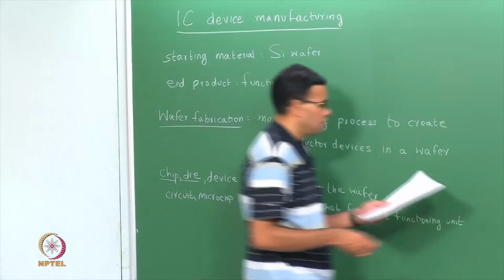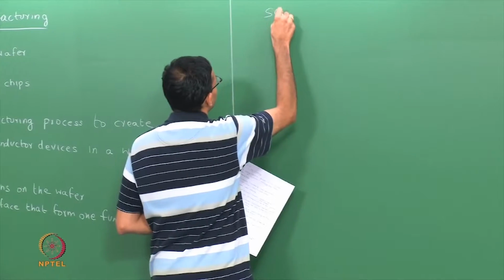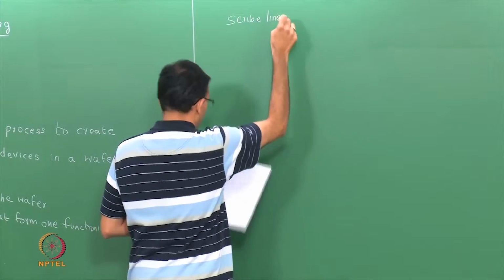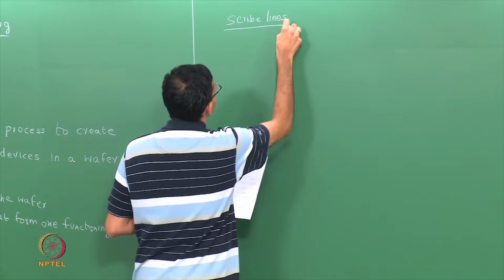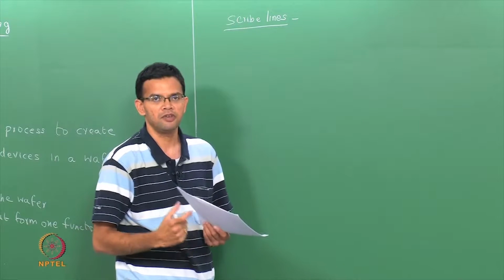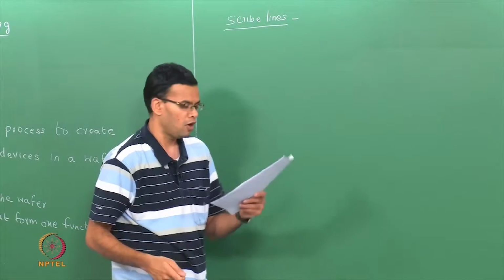Scribe lines is another term. So, this refers to the areas between the different chips or dies on a given wafer.